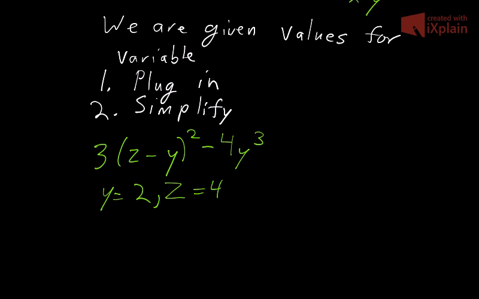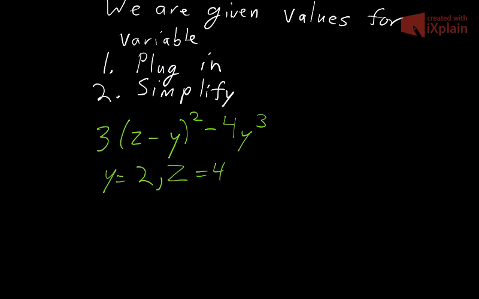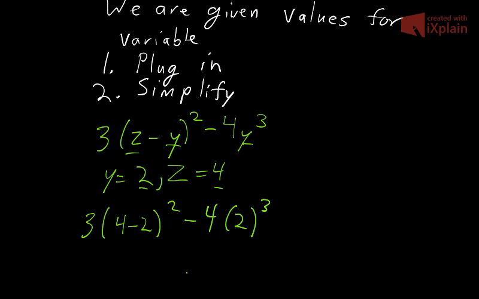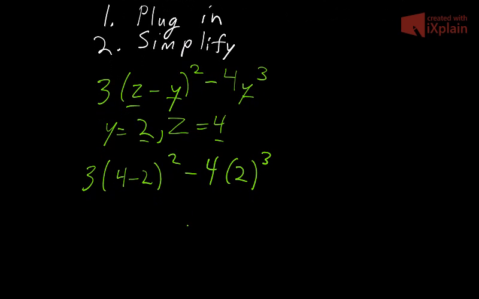So I'm going to start off by plugging these things in. I'm going to get 3 times (4 minus 2) squared minus 4 times 2 cubed. And all I did was everywhere I saw y, I put a 2. Whenever I saw z, I put a 4. Again, I think we know that, but just in case.